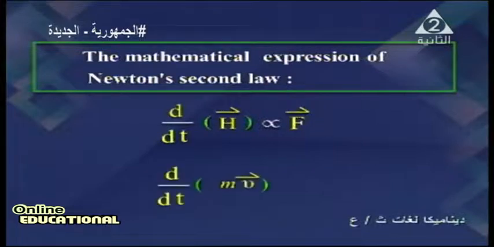Then the derivative of mv with respect to time t varies as the force F. The force and the velocity are vectors. Then the derivative of mv equals k times vector F, where k is a constant.